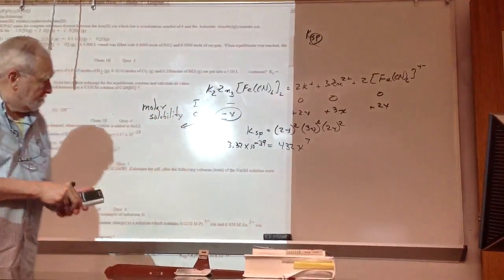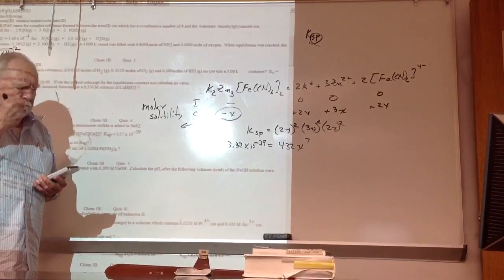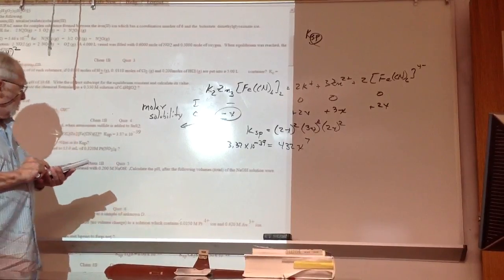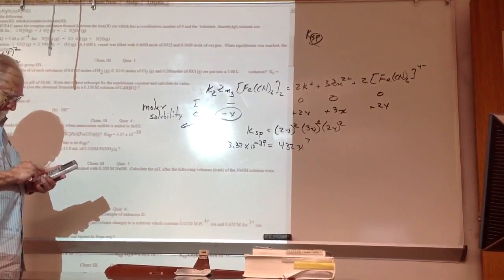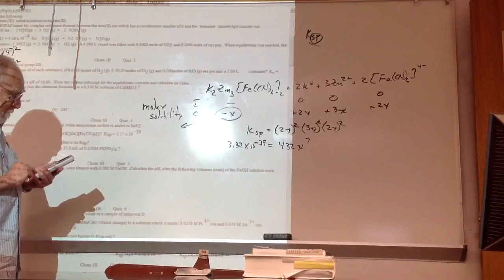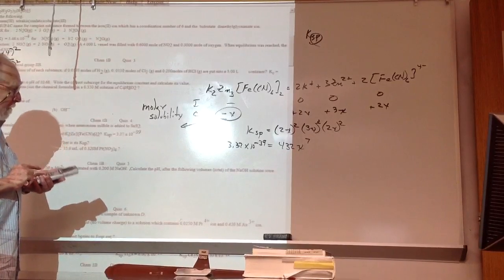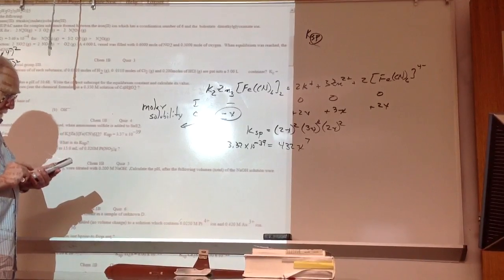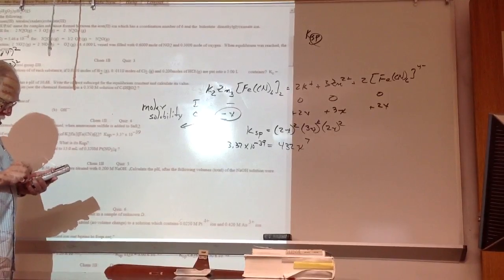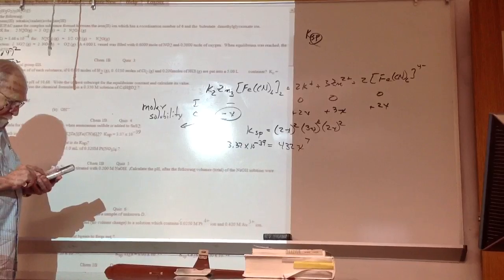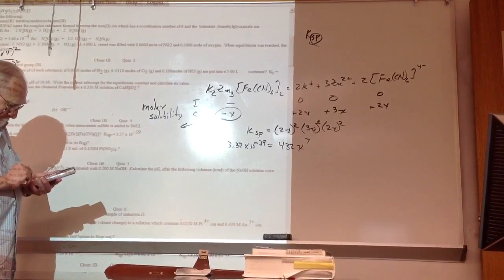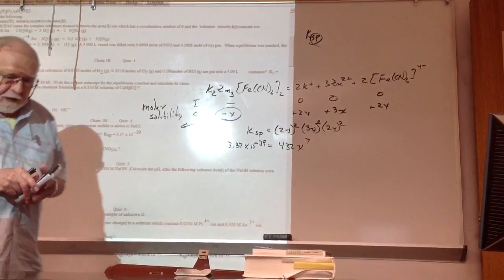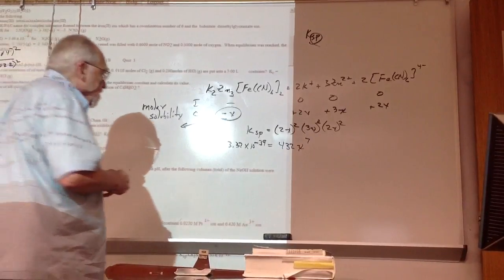So we do that. And you get x is equal to 1.34 times 10 to the minus 6th.